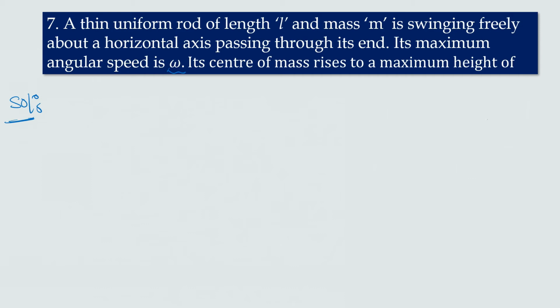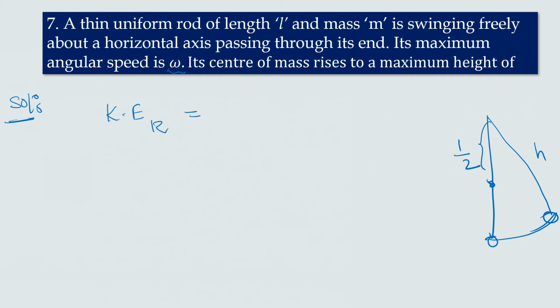This is a uniform rod of length L and mass m swinging freely about a horizontal axis, and this is the height h. Now rotational kinetic energy is equal to potential energy.